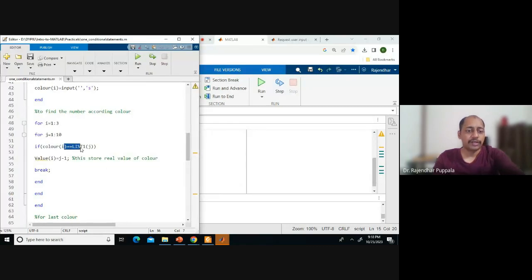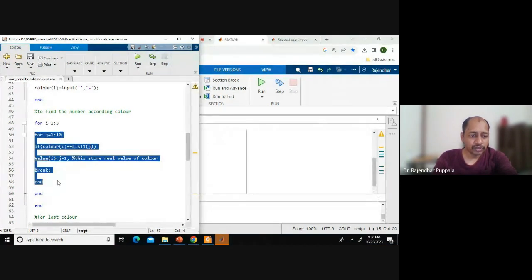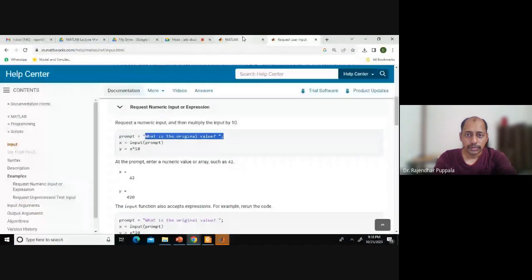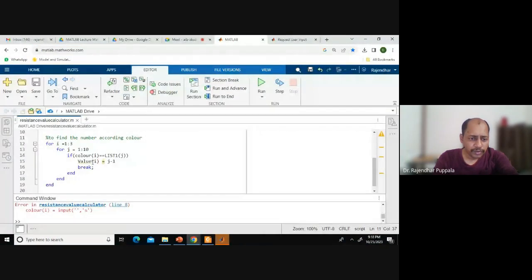So after the first one is identified and you have given some value here, it breaks and it will go for the second resistance value now, right? Hence the outer for loop is closed here.